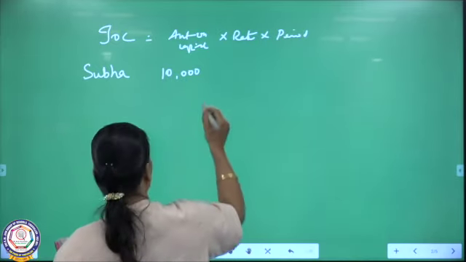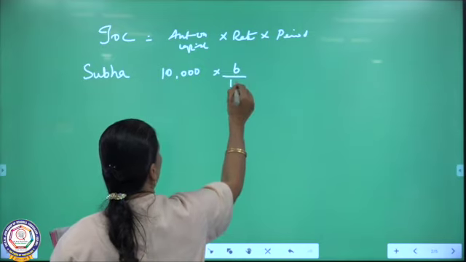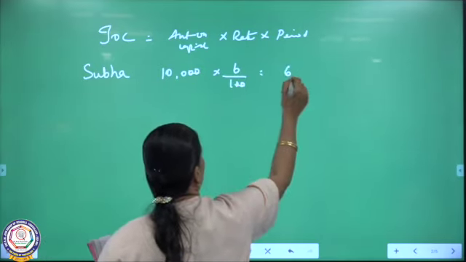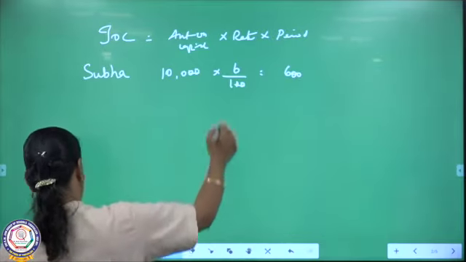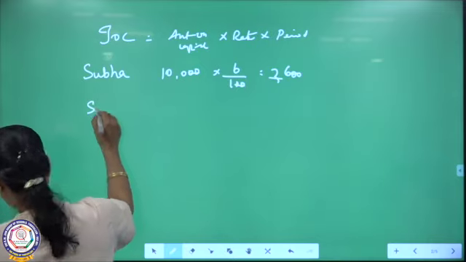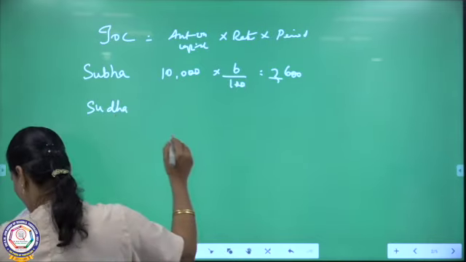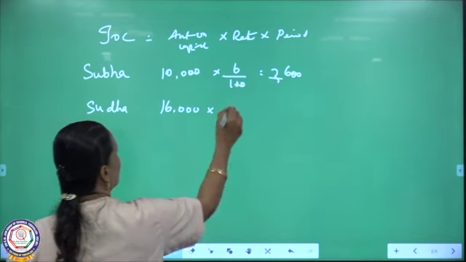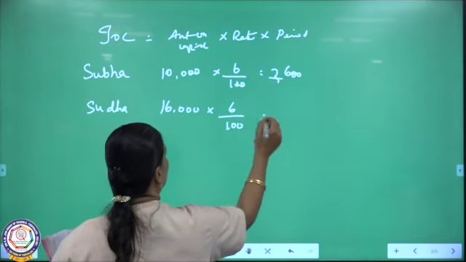So 10,000 into 6 by 100. How much will you be getting? 600. Okay. So rupees 600. And then Sudha. How much for Sudha? 16,000 she got, and then 6 by 100.